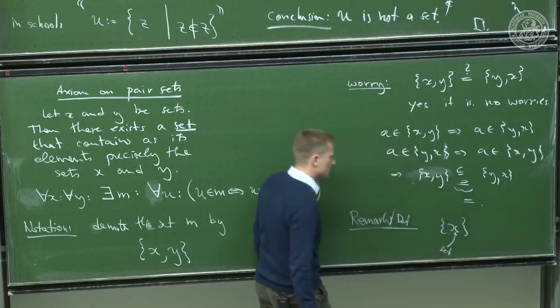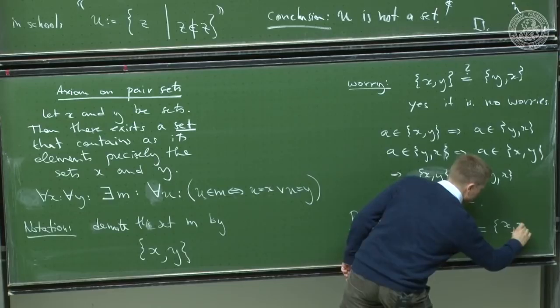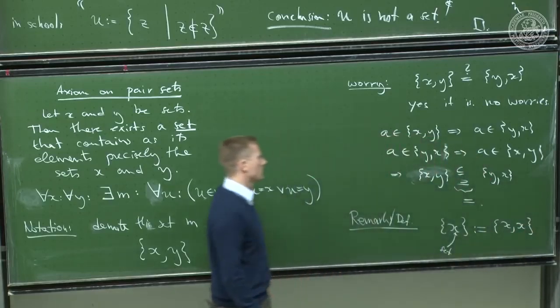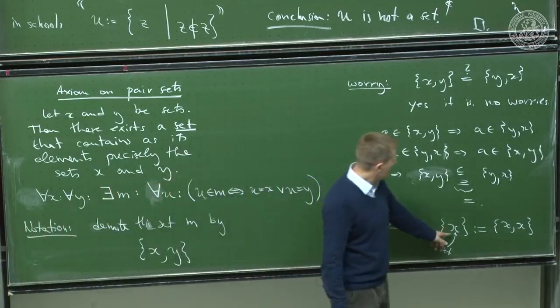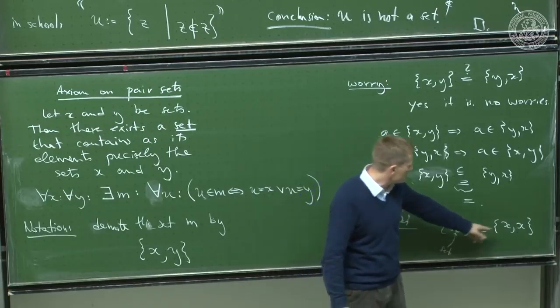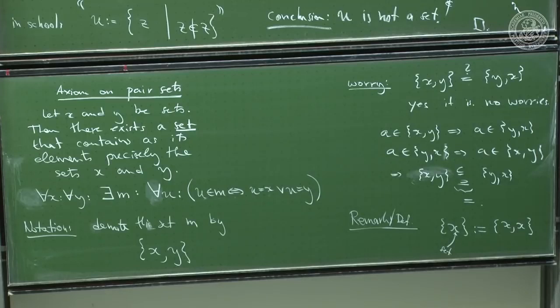Then I define this set as the pair set of X with X. Well, if X is a set, then I can use the pair set axiom, and I call this the set of one element. And by a similar argument as here, you have the X in there twice, but because equality is defined by the element relation, the pair set with the elements X and X contains no more information than that X is in there. You can think about that too.